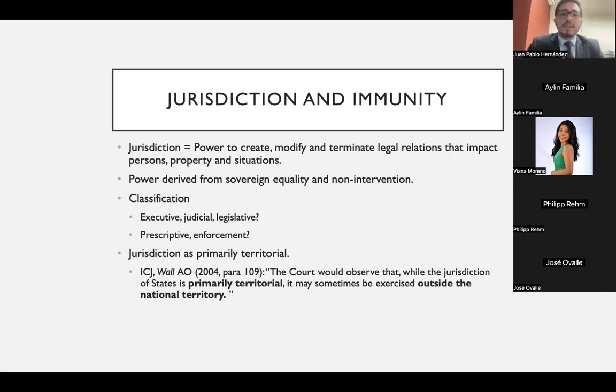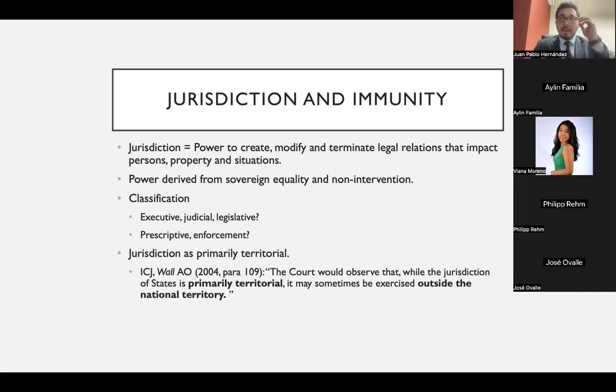And thus, the classification that many authors advocate for from this perspective is simpler. They divide jurisdiction between two categories: the power of states to prescribe conduct, that is to say, prescriptive jurisdiction, and this would encompass both the power to legislate, the legislative power, as well as the power to apply those laws and interpret them, which would be judicial power. And on the other hand, the issue of the power of states to enforce that law, that is to say, enforcement jurisdiction.